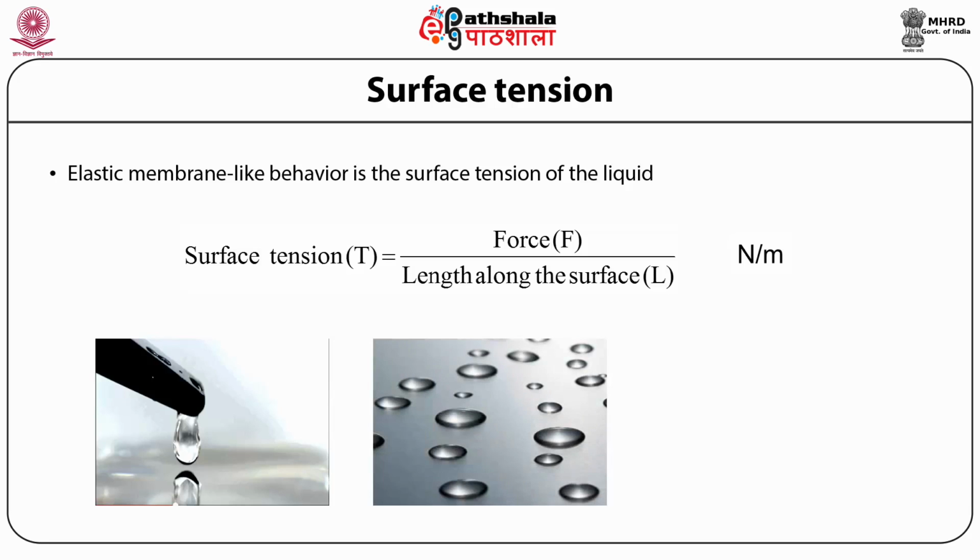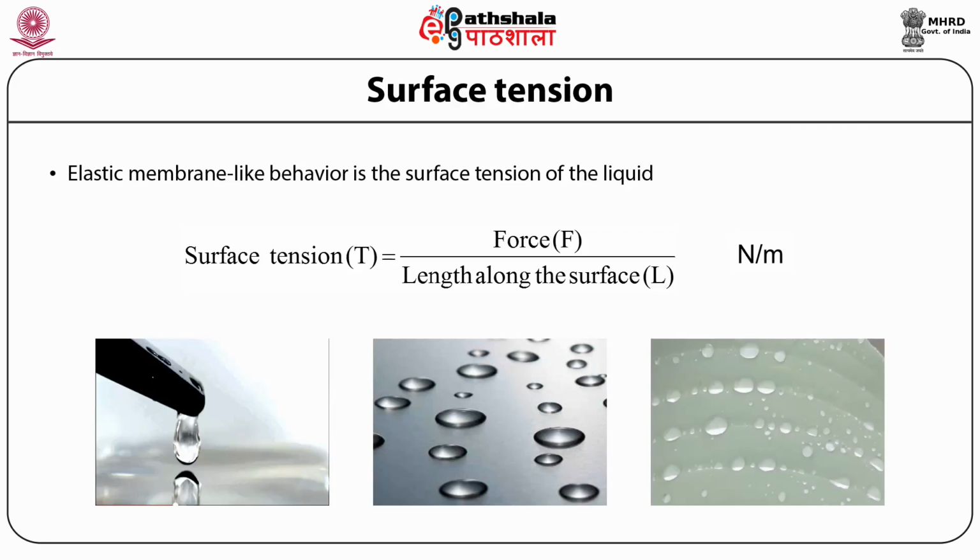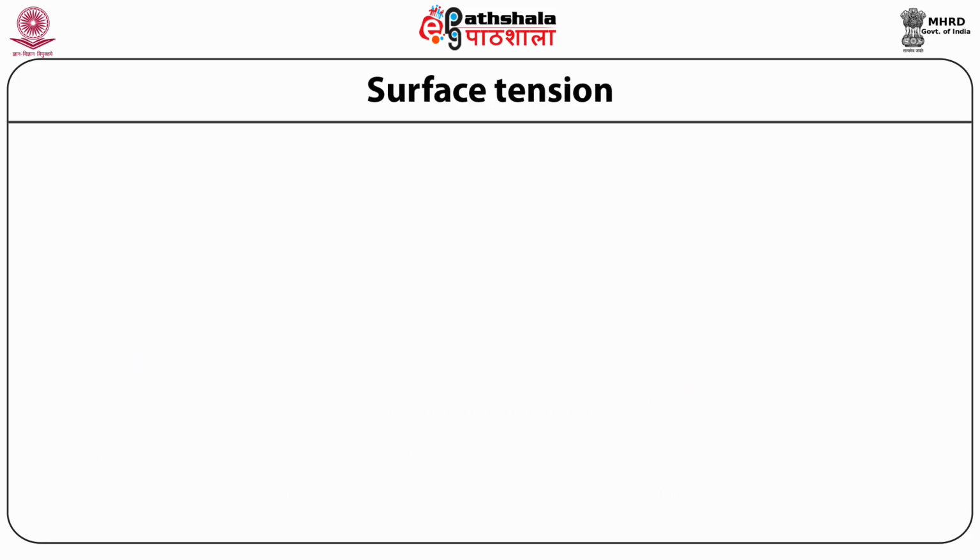In the second one, you must have seen water drops on a smooth surface or water drops on leaves. Why are these like this? Why do you see the water drops like that? It's all because of the surface tension of the liquid, or in these cases of water.